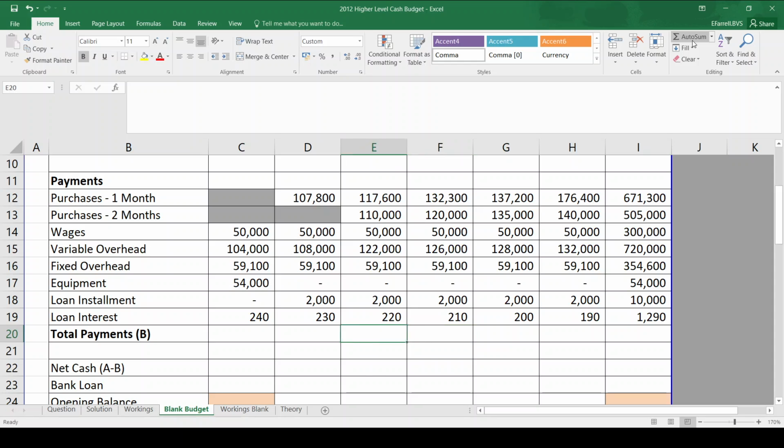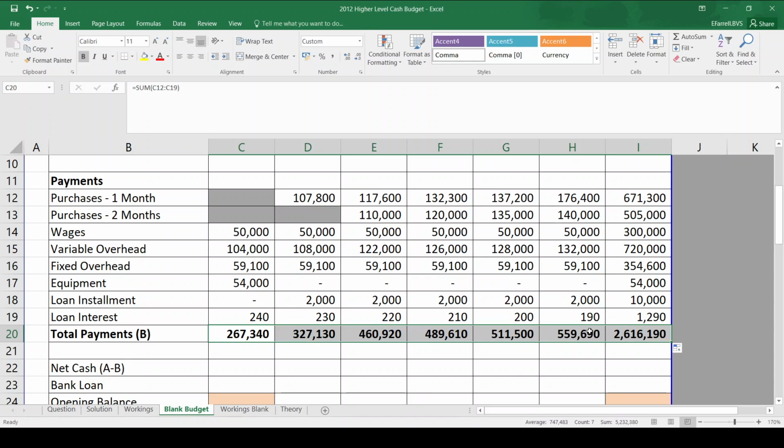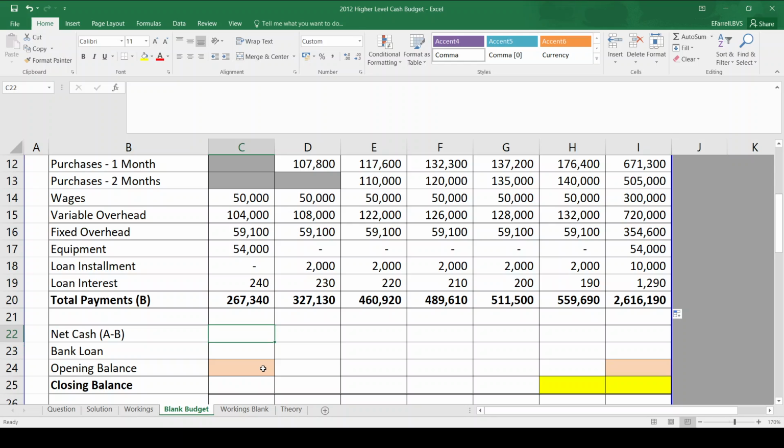So now I just have to add my payments. First month 267,340, and I'm going to do that the whole way across, adding them down for each month and the total. So for the 6 months, the total payments that we plan in our budget are 261,690. Now I need to work out the net cash to see if we're up or down each month.